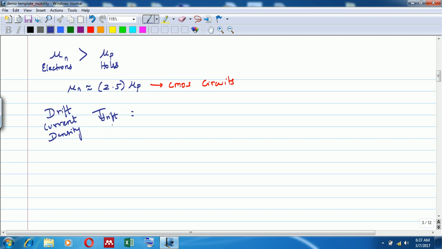How this is coming into effect is, we know that carriers are having this additional velocity V drift. Because of this additional velocity, they have a flux. There is a flux of carriers, and because of this flux, there is this drift current. So this drift current is given by charge times concentration of carriers into the drift velocity.